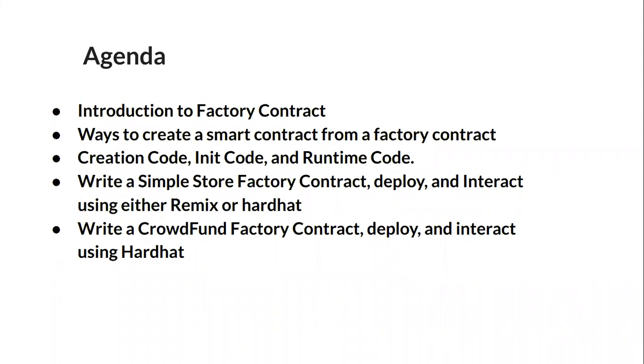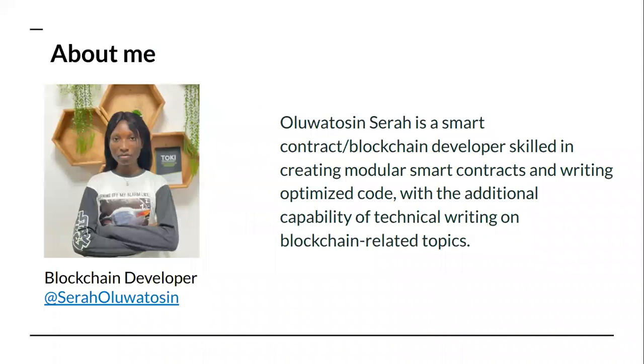So I would like to introduce you to what factory contracts are, and then ways to create a smart contract from a factory contract, and then write a simple contract first, deploy and interact with it before we go into the crowdfund contract itself. So please, I'd like you to concentrate, and if you have any question whatsoever, please don't hesitate to ask. So this evening, I'm a blockchain developer and also a content technical writer.